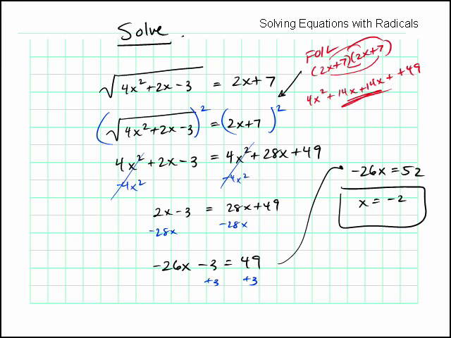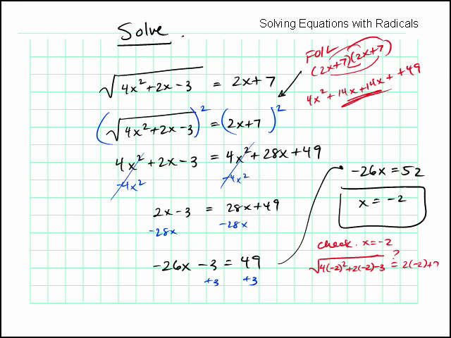Quick check. Let's make sure that it works in the original problem. If I plug negative 2 into the original, I get the square root of 4 times negative 2 squared plus 2 times negative 2 minus 3. Is that going to equal 2 times negative 2 plus 7?